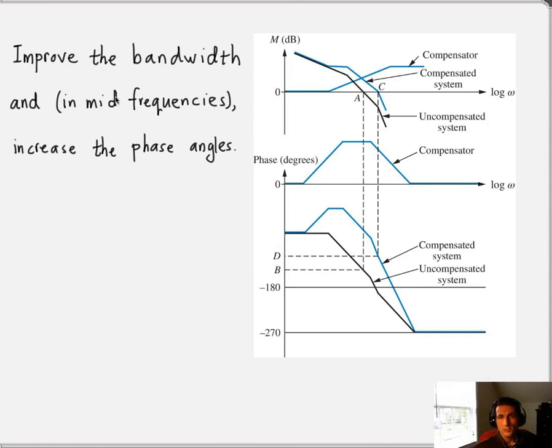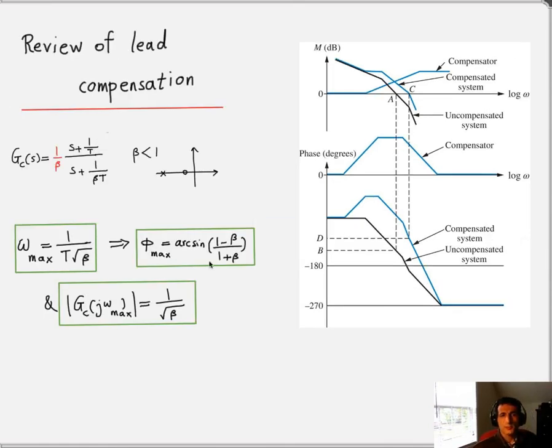Like I said, you improve the bandwidth, and in mid frequency you also increase the phase angle, and that's what you see here. Going back one slide, if you plot the magnitude and also the phase angle for a lead compensator, it turns out that the frequency at which you achieve the maximum phase angle is 1 over T square root of beta, and the corresponding maximum phase angle is arcsine of (1 minus beta) over (1 plus beta).